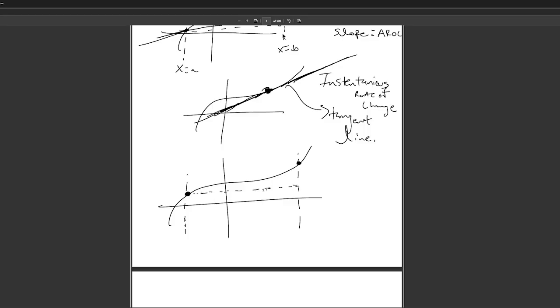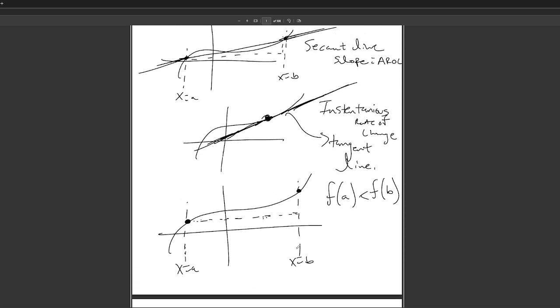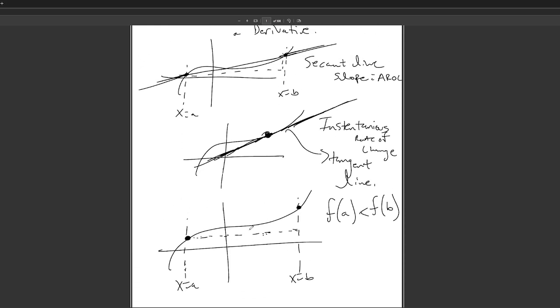So if x equals a, x equals b, then we have some f of a. Wait, why does it have to be continuous? So if it's not continuous, there's nothing guaranteeing there to be some. That's a good question. Let me just draw a separate diagram.